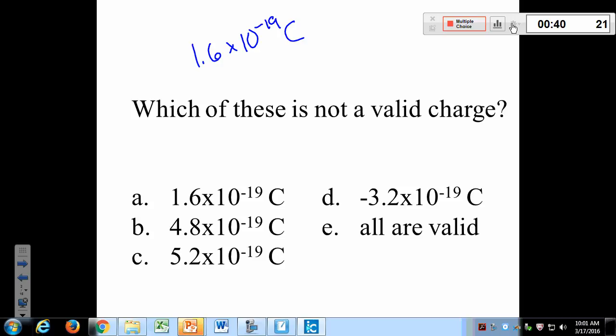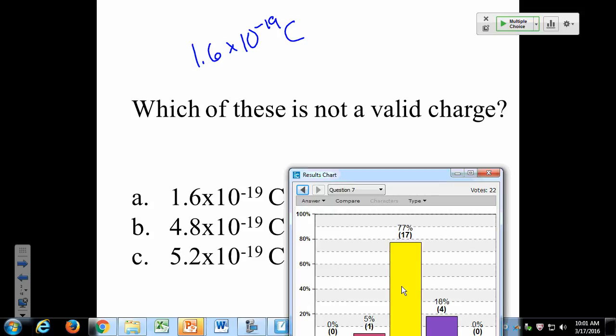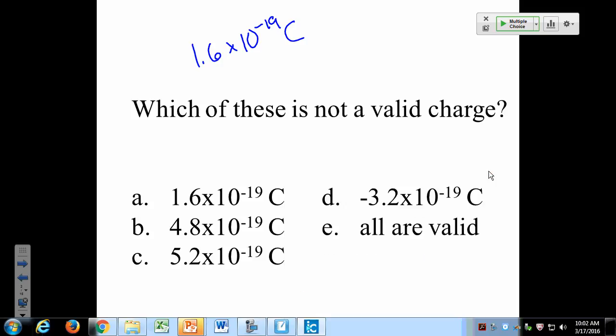All right, I'll stop at 45. Okay, C is right, because it would be 5.4, not 5.2. So this is one proton. This is three protons. This is somewhere between 3 and 4 protons, and you can't have a part of a proton. So this is not good. This is two what? Electrons, right? Because it's negative, and E is not right. So C is the right answer.